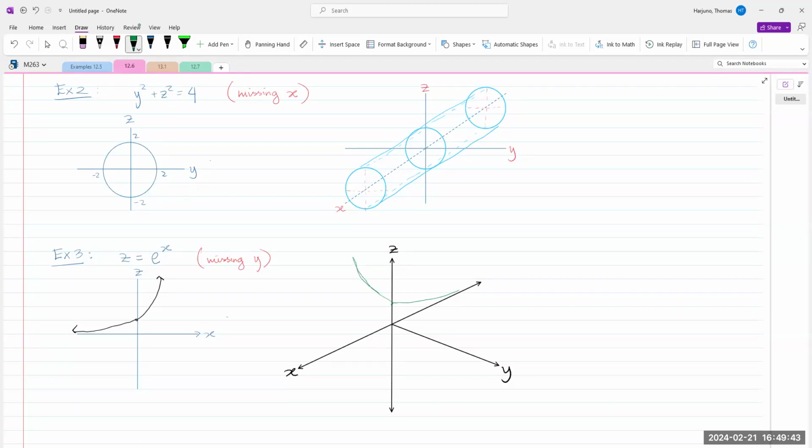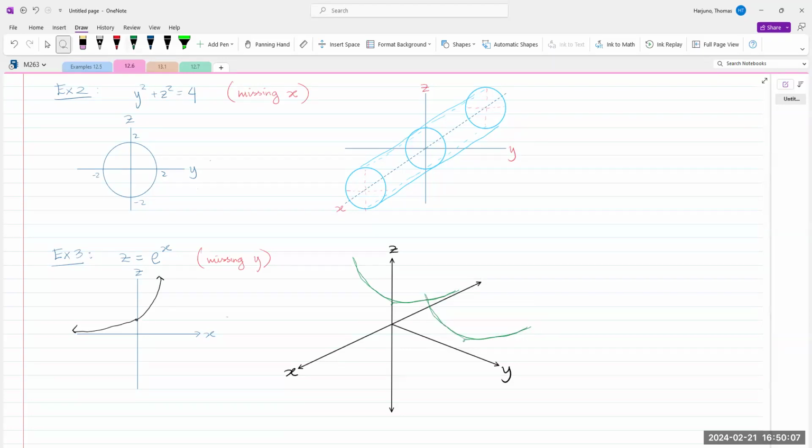Now I will copy paste this thing along the y-axis.